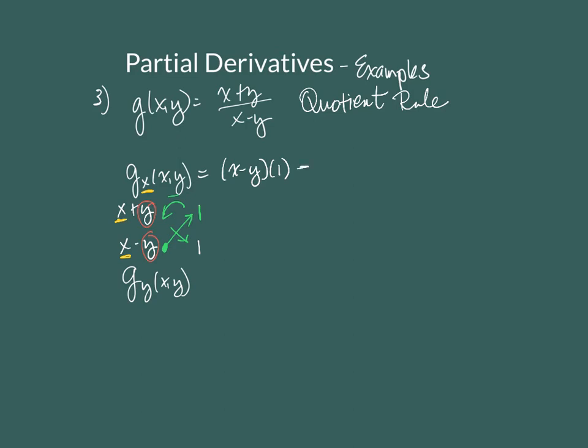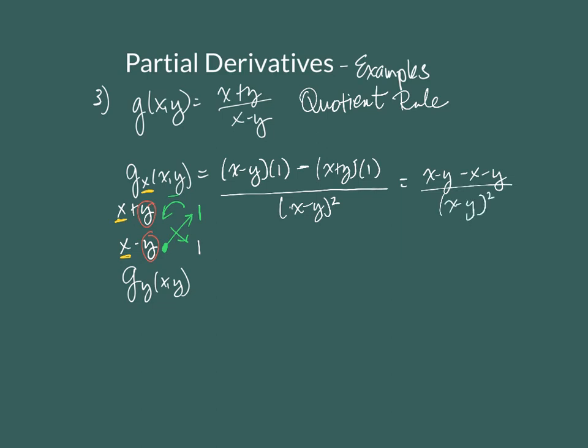And then minus the top d bottom, all over the bottom squared, x minus y squared. So this is x minus y minus x minus y all over x minus y squared, which simplifies to negative 2y over x minus y quantity squared. Okay.